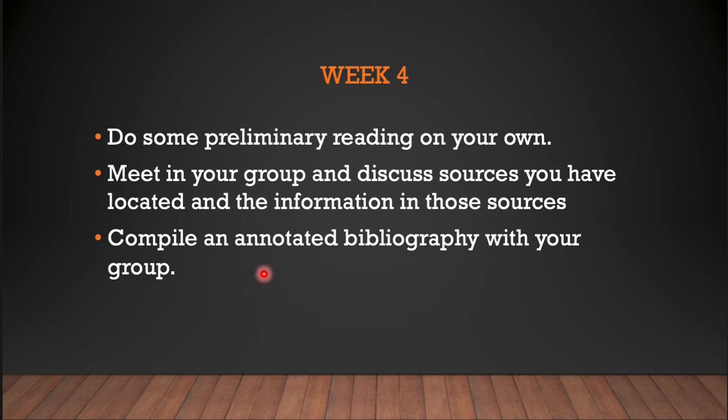It will list the sources you're going to use, and it will have a brief description under every source, saying basically what that source provides in terms of your paper, such as, Smith 2007 gives us information concerning the theory of drought. It provides evidence using the climate data and ocean cores, something like that.